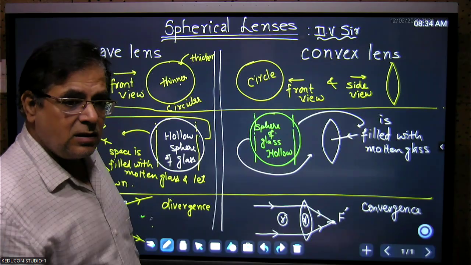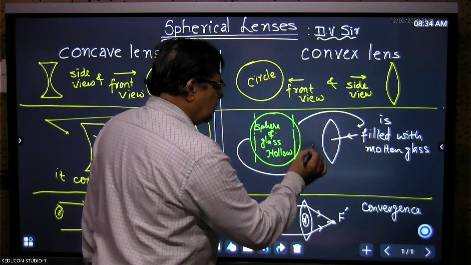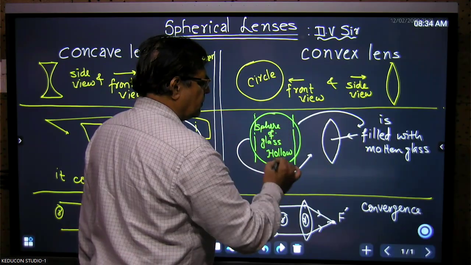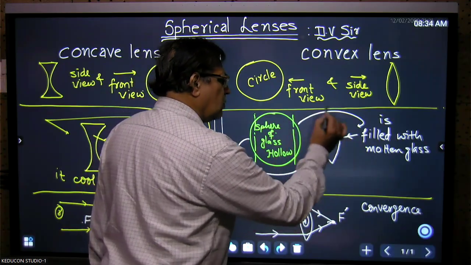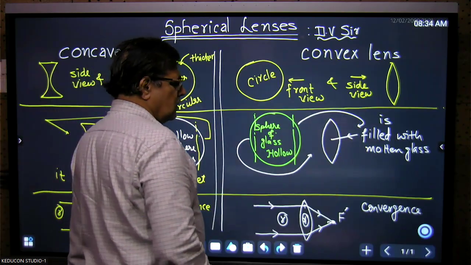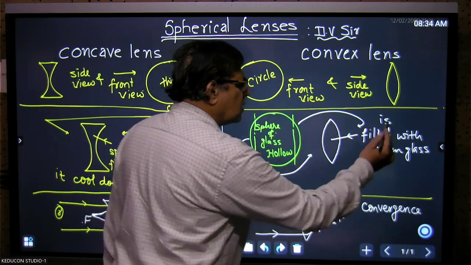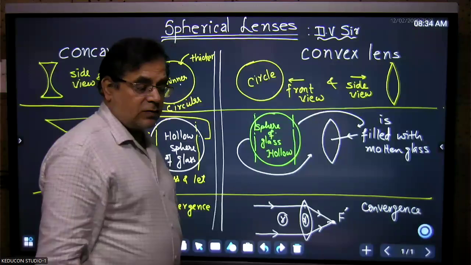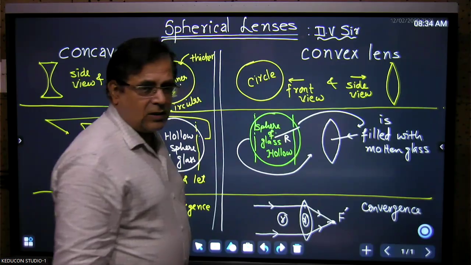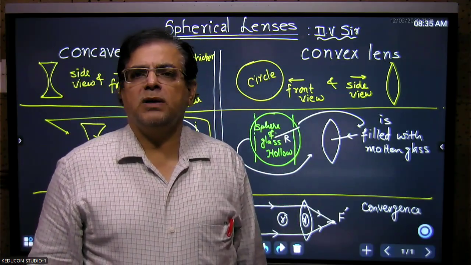And the important thing to note here is that, for the sake of simplicity, I have taken this part of the lens from a sphere and this part of the lens from the same sphere. But practically, if we wish that this part and this part are from different spheres of different radii, then it is also possible to make the lens.